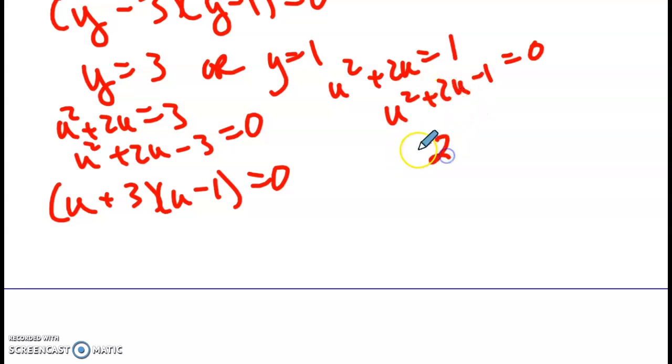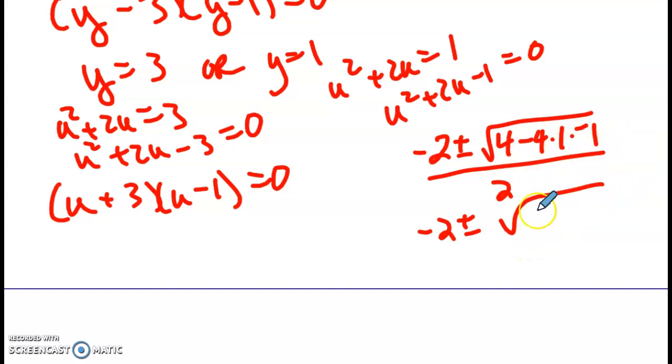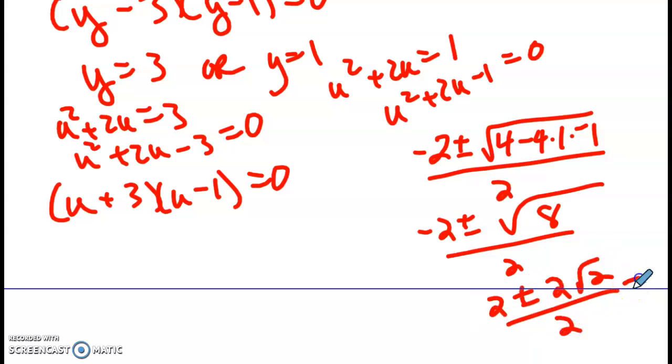Opposite of b plus or minus the square root of b squared minus 4 times a times c all over 2a. So that's -2 plus or minus the square root of 4 plus 4, which is 8. So I have -2 plus or minus 2 root 2, all over 2. That's a lot of 2's.